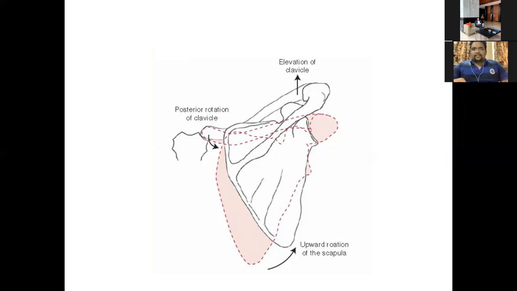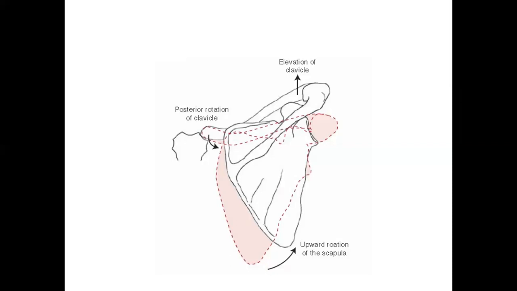And this downward positioning will pull the conoid ligament, which is attached to the posterior inferior end of the clavicle, towards the forward and downward direction, causing the posterior rotation of the clavicle, and the crank shaped end of the clavicle will come up, causing the lateral upward rotation of the scapula that is occurring at the AC joint. So what will occur? Only 5 degrees of elevation will occur at the SC joint, and the rest 25 degrees of upward rotation will occur at the AC joint.